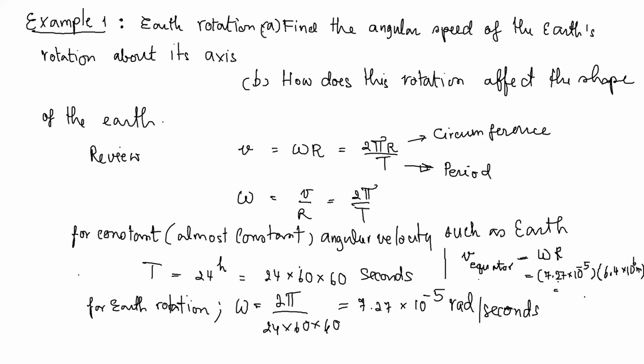So this is 465 meters per second. So if you are not at the equator, let's say Bangkok, which is not quite far from that, you multiply this with cosine theta.